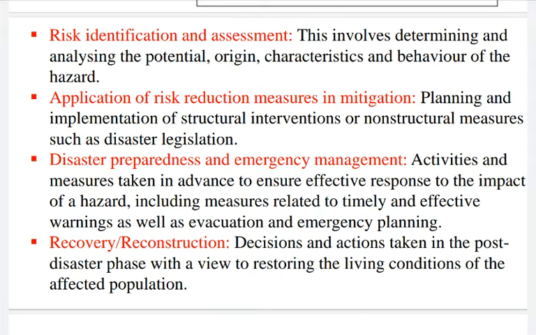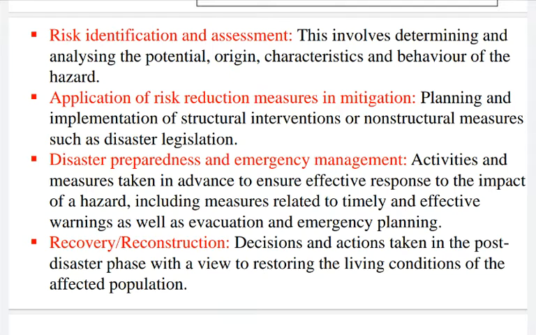Then third comes disaster preparedness and emergency management activities. Preparedness and emergency always include the measures to be taken immediately, or preparedness means just before the disaster occurs. In what all ways can we prepare? That is about disaster preparedness and emergency management.